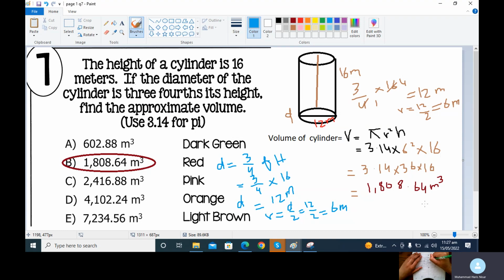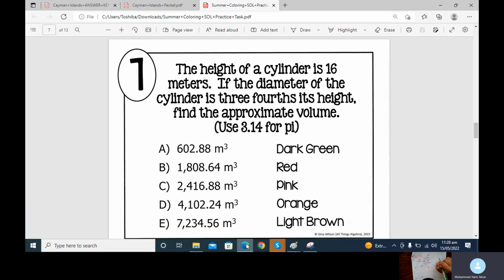That is the radius. And now we will put that radius value in our volume of cylinder formula. Clear?